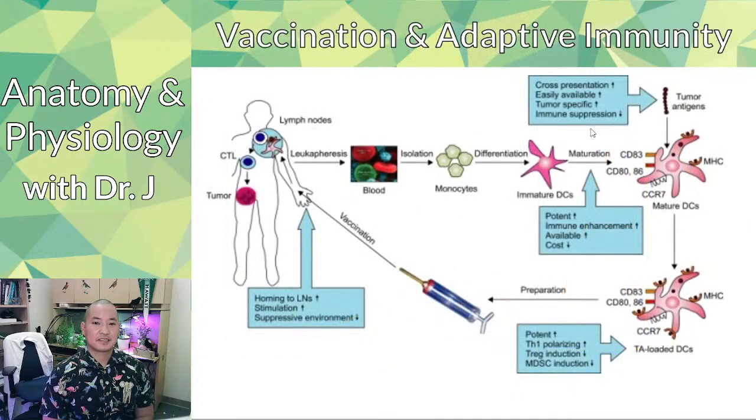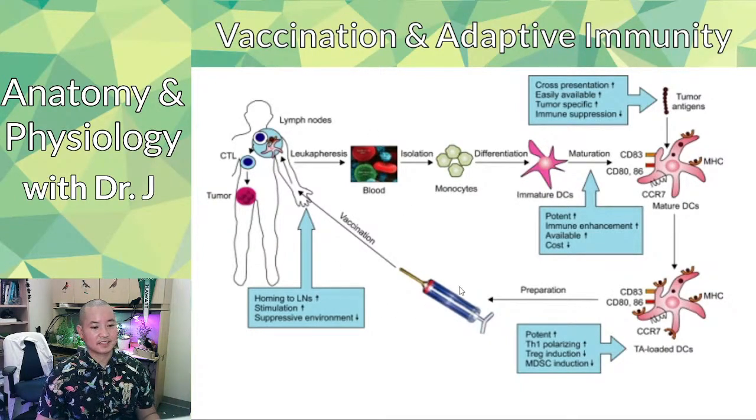So why is that important? Well, this is the strategy behind vaccination. Vaccination takes advantage of this secondary immune response by exposing you to antigens without having the full-blown pathogen that is the source of that antigen.